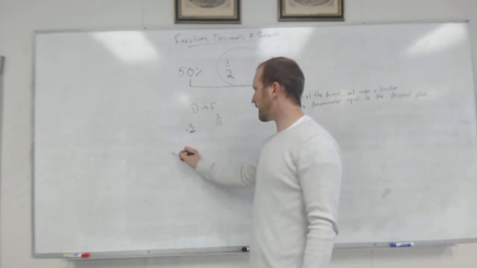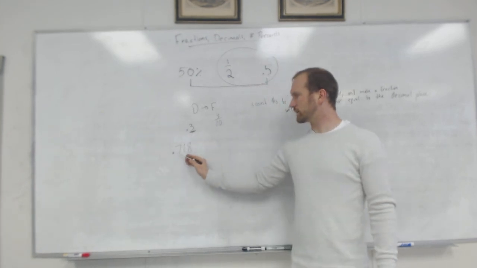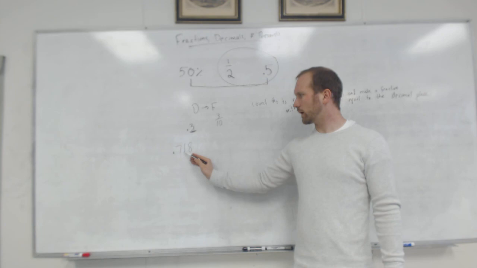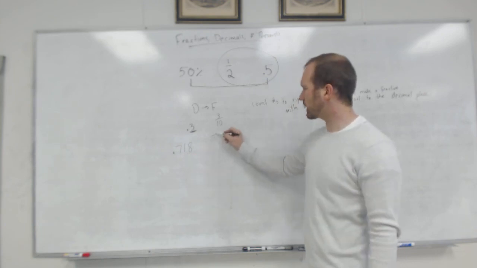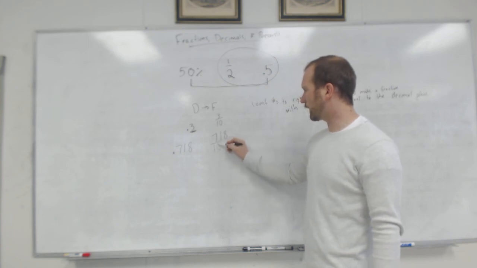So if I wrote this fraction, this is the tenths, hundredths, thousandths. So this is going to be 718 over 1,000.